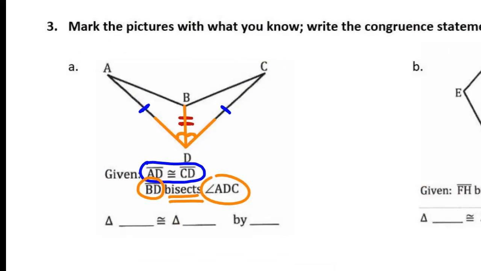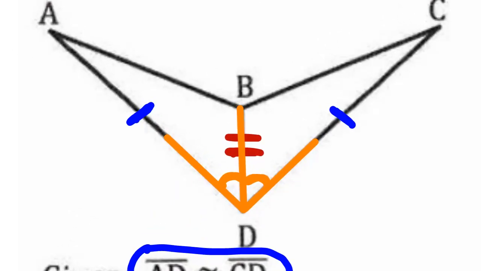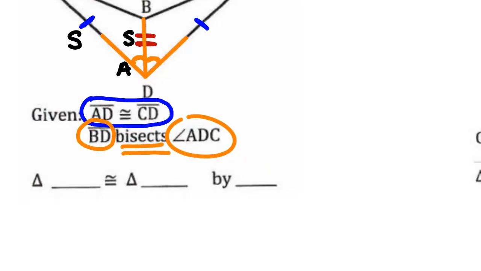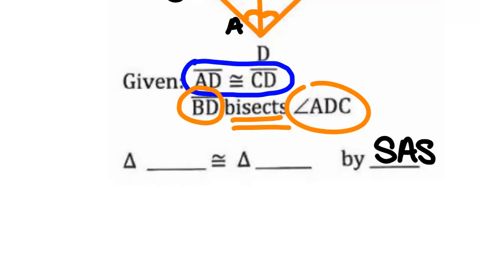Do I have enough information to say that these two triangles are congruent to each other? Yes, I do. Using which congruence criteria? Side, and then angle, and then side. So I can use side, angle, side here. What should we call the first triangle?